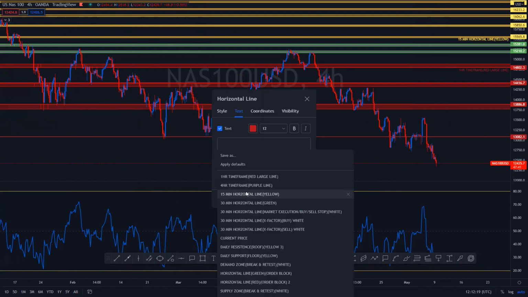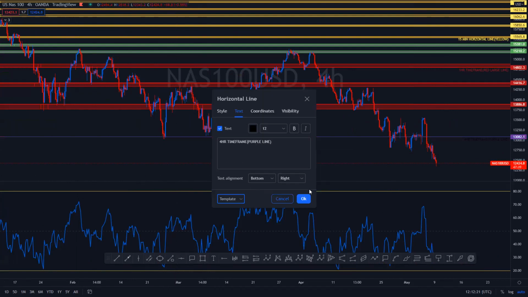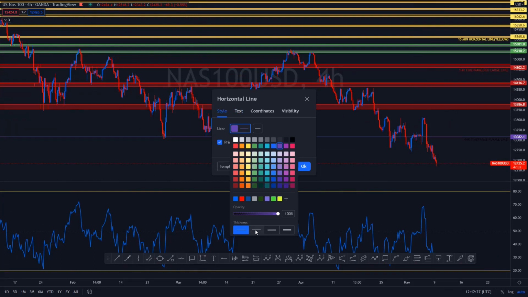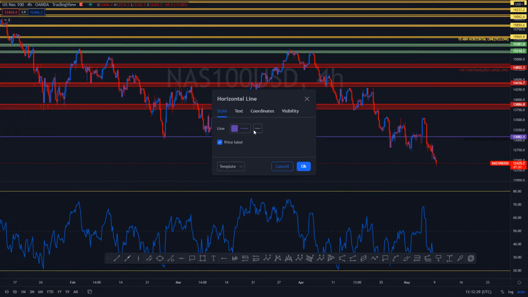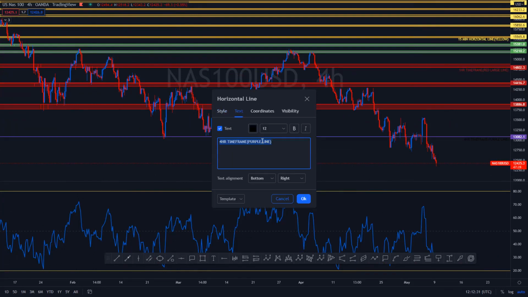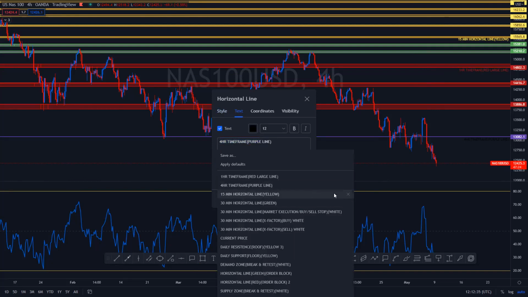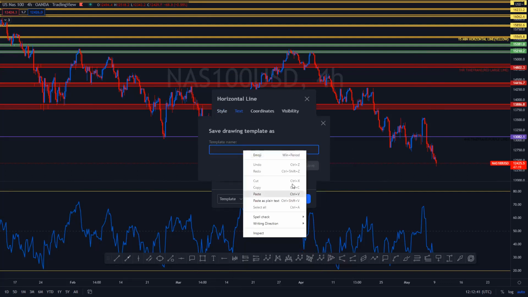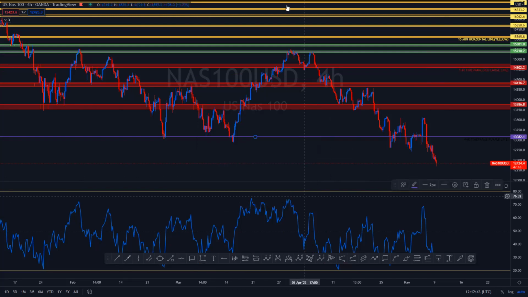I'm going to make this purple. I'll actually change this and make this thicker as well. Take this out. Save my template. Save my progress there.